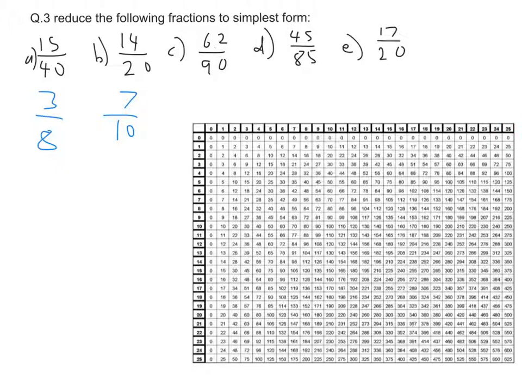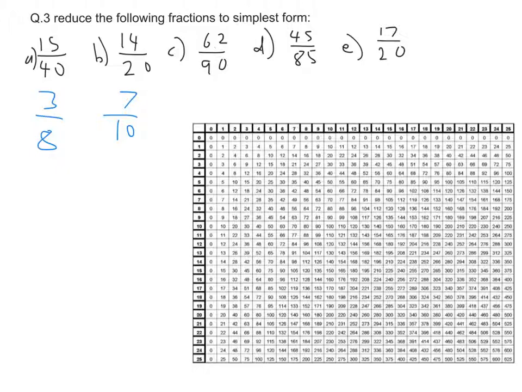So 2 times 25 is 50, and that's the highest it goes. But remember from the last videos that we've done, if both numbers end in an even number, then you know definitely that the number 2 will go into both numbers. So in this case, we can simply divide the numerator and the denominator by the number 2.